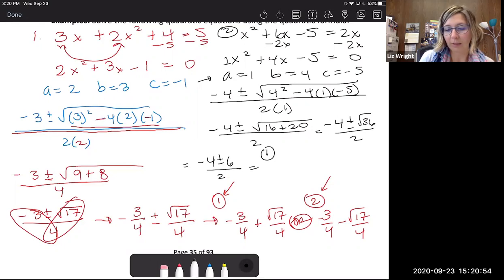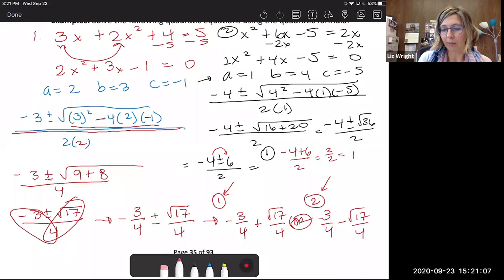One of our answers is going to follow this positive route. And so it's going to be -4 plus 6 all over 2. -4 plus 6 is going to give me 2. And 2 over 2 gives me 1. So that's one of my answers.